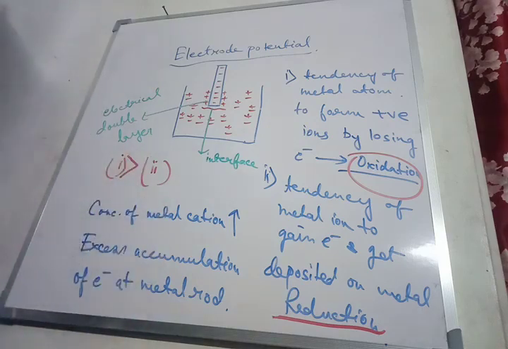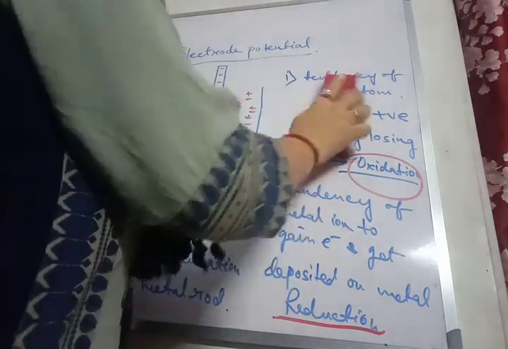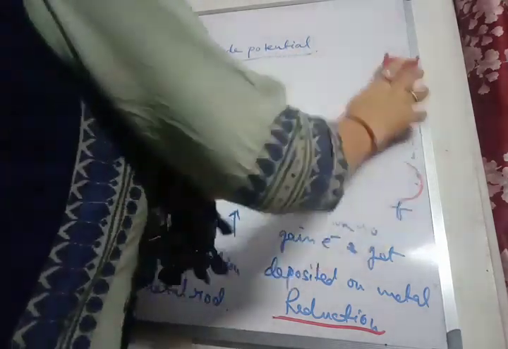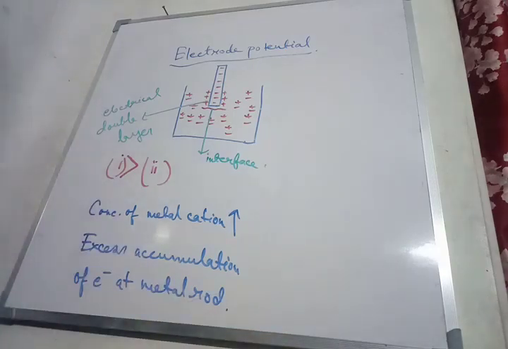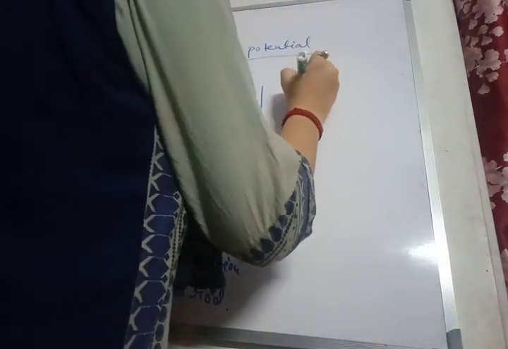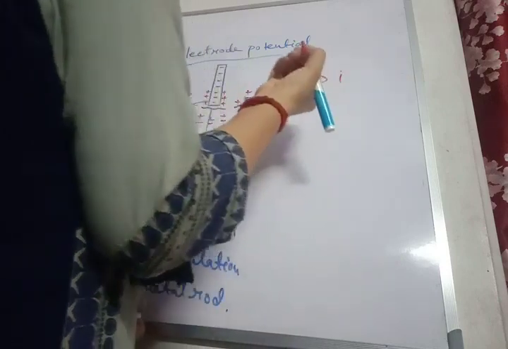In the second condition, when the rate of reduction is more than the rate of oxidation, if 2 is more than 1, then what happens?